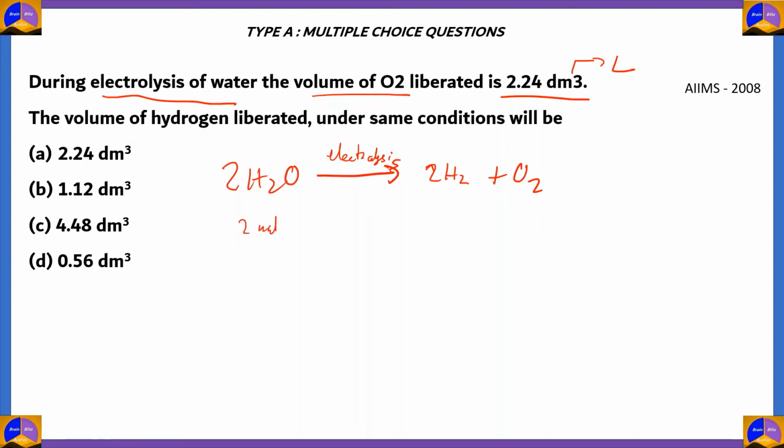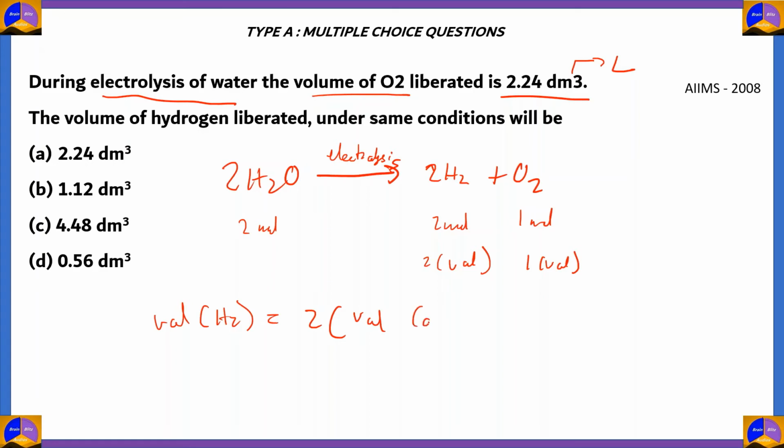So 2 moles H2O gives 2 moles H2 and 1 mole O2. And so 2 into volume of H2 will be the same as 1 into volume of oxygen. So what this equation shows us is that the volume of hydrogen will be twice the volume of oxygen, because there is a 2H2 and there is only 1 O2.